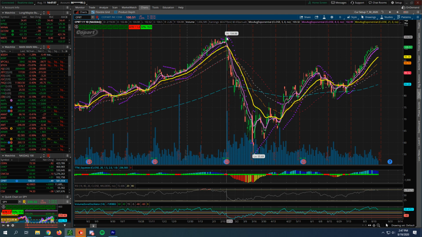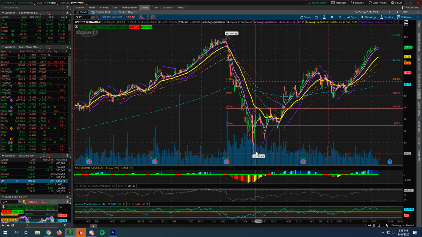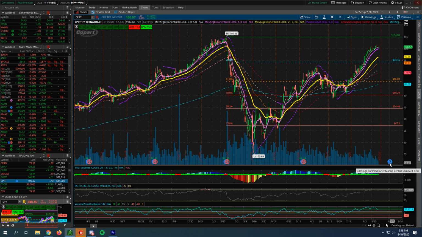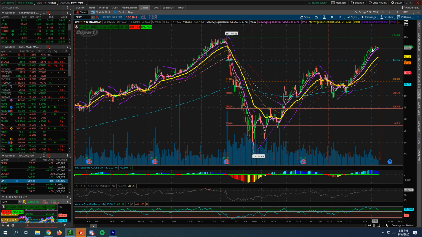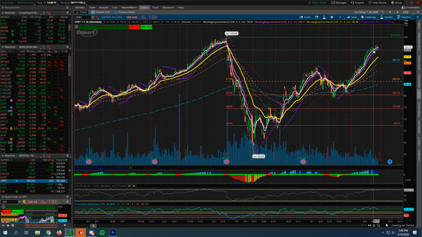CPRT, another great stock which I've never actually traded before, and I don't quite know what it is. From the previous swing high, previous swing low, nothing really standing out. It's just looking like we have a questionable earnings coming out in the beginning of September. Really strong momentum on the 5 and 8 moving averages, so anything that trades on the daily side between the 5 and 8 moving averages is really very much momentum driven.